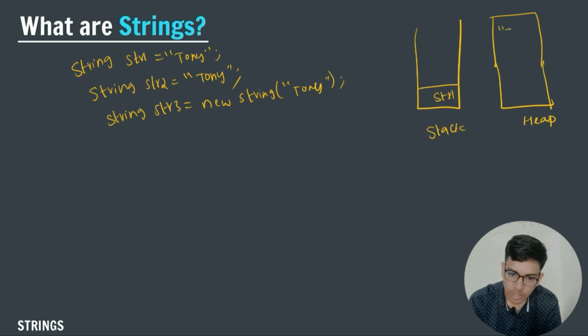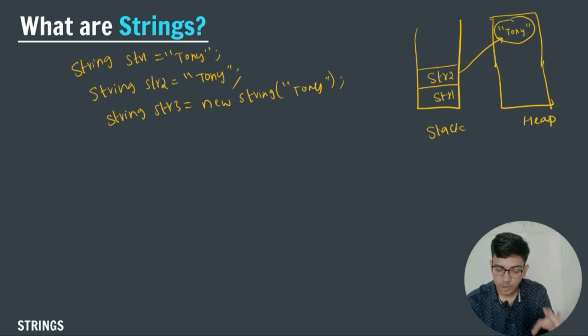So Tony will get stored here. After that str2 will get created, and these two variables will point to the Tony object, the value stored in our heap. So str1 will point to Tony and str2 will also point to Tony.